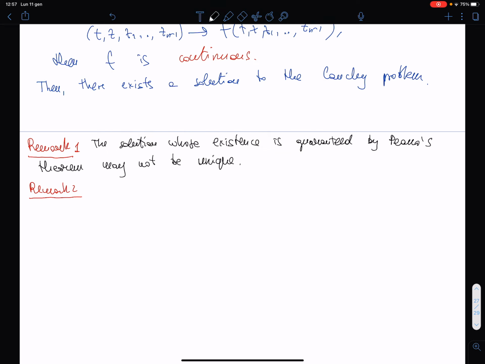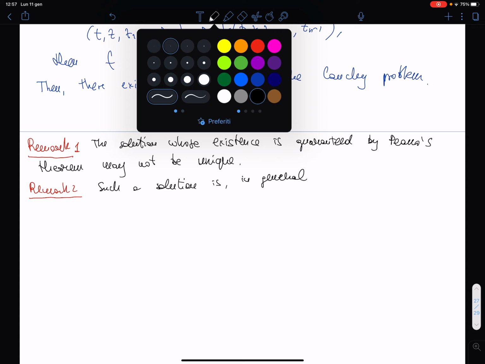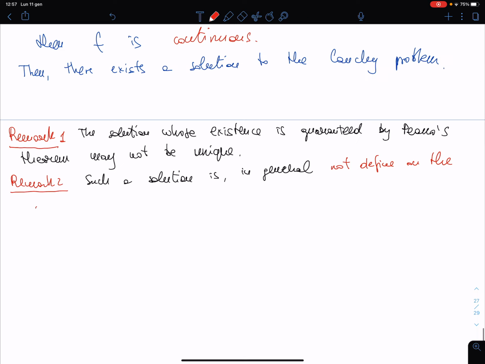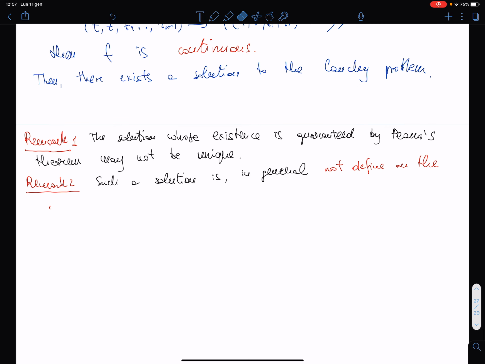The second remark is that such a solution is, in general, not defined on the whole real line R. So one says that it is local.